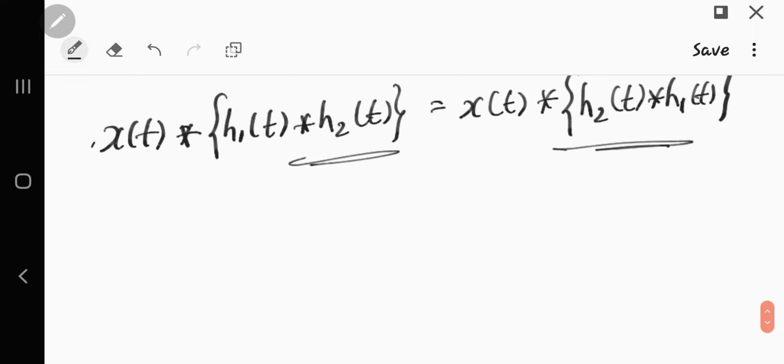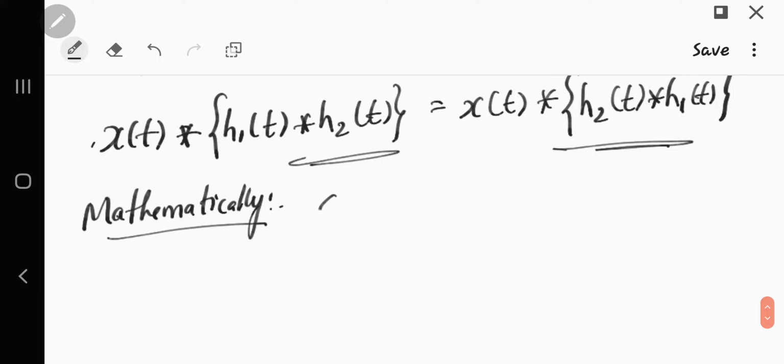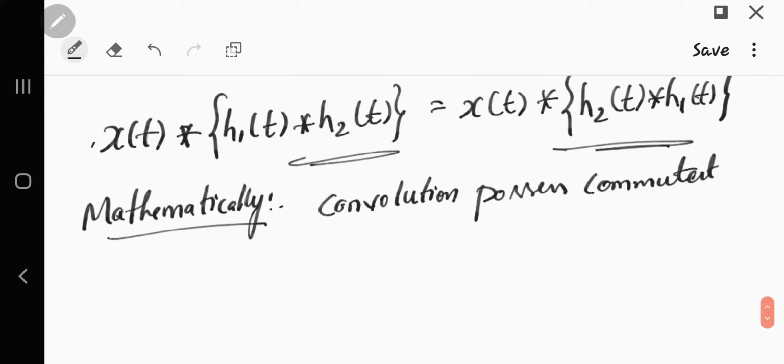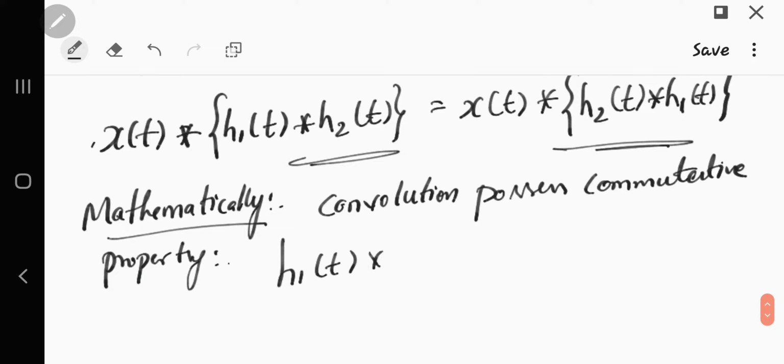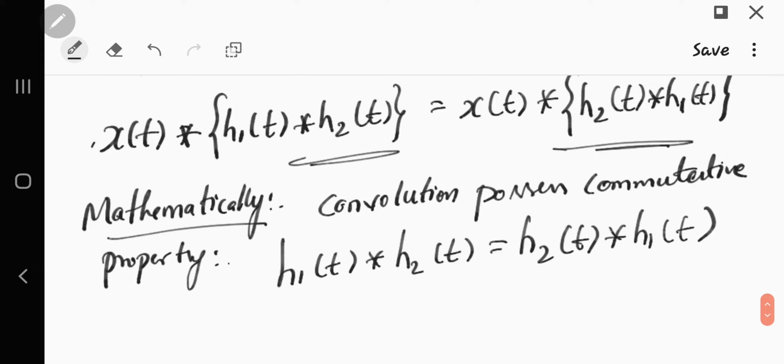So if we express this mathematically, we can say that the convolution possesses the commutative property. It is h1 of t convolved with h2 of t is equal to h2 of t convolved with h1 of t.